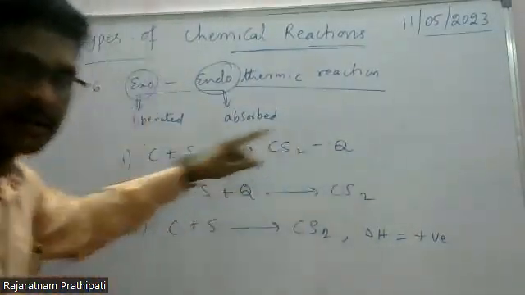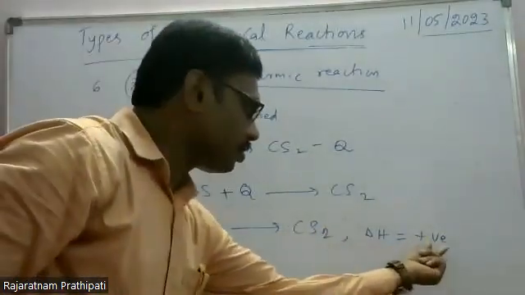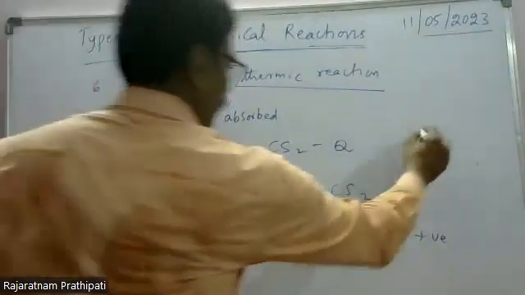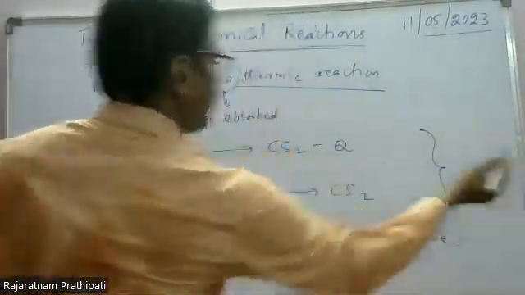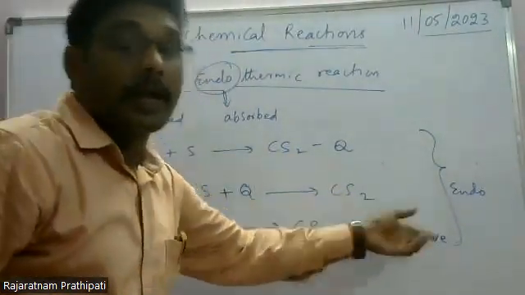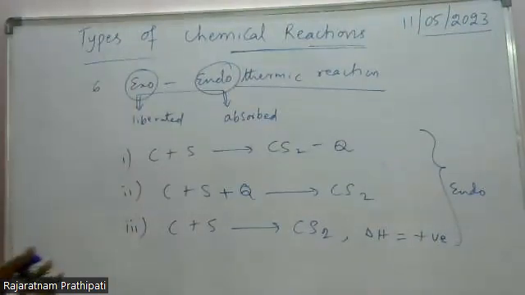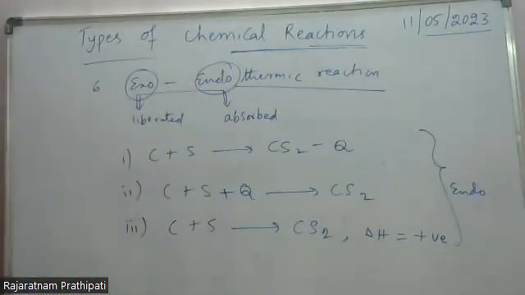Product side minus, reactant side plus, or delta H is equal to positive. Here all are same representations of endothermic reactions. Energy is absorbed. Here these are exothermic and endothermic reactions.